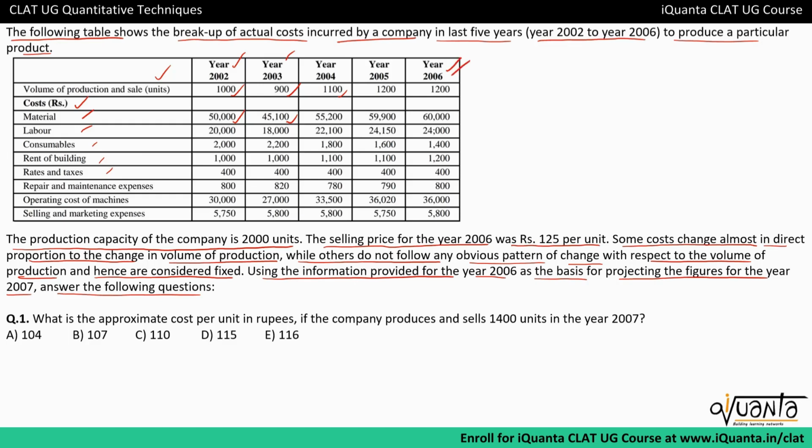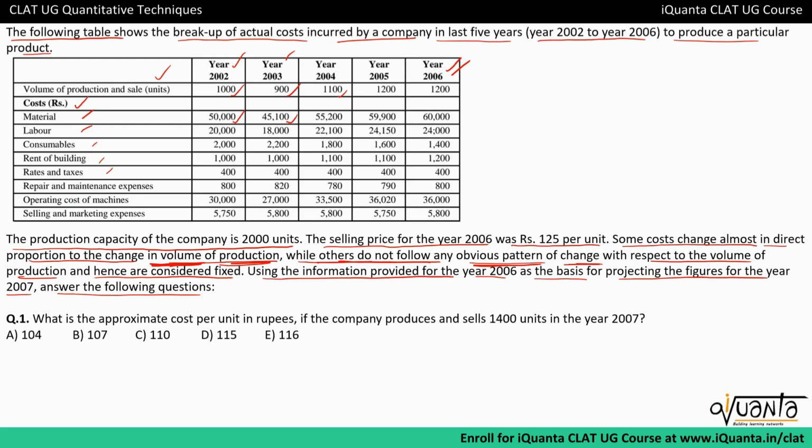We have also been given a very important clue in the question: some costs change in direct proportion to the change in volume of production. That means if the volume of production increases, the cost also increases, and if the volume of production decreases, the cost also decreases. While some do not follow any obvious pattern of change with respect to the volume of production.